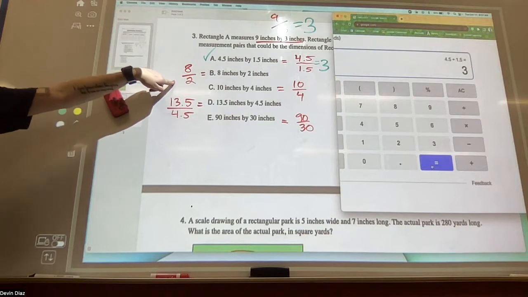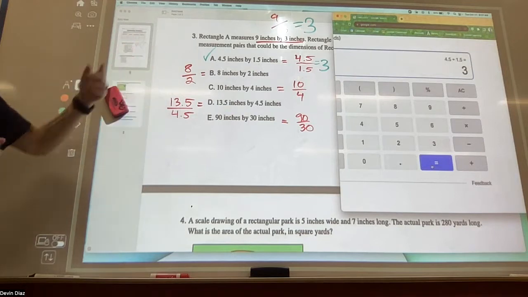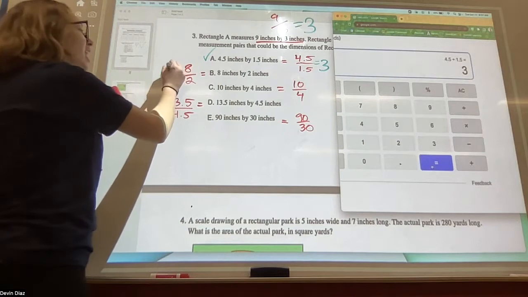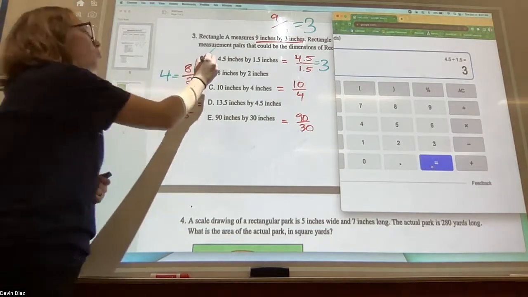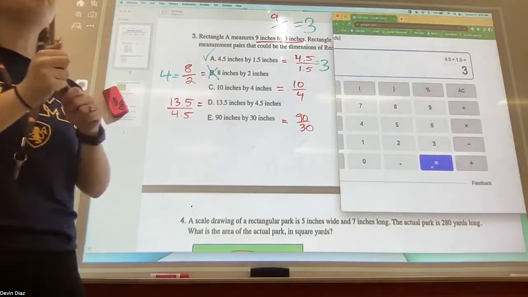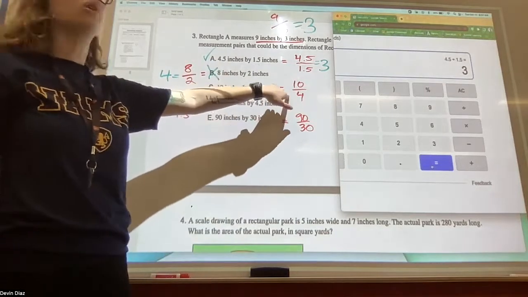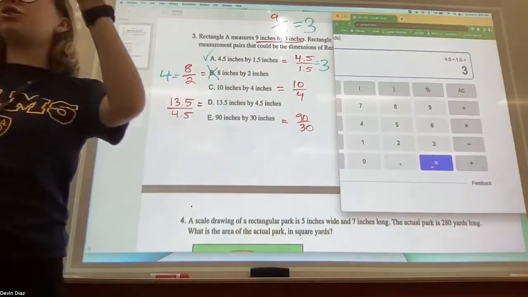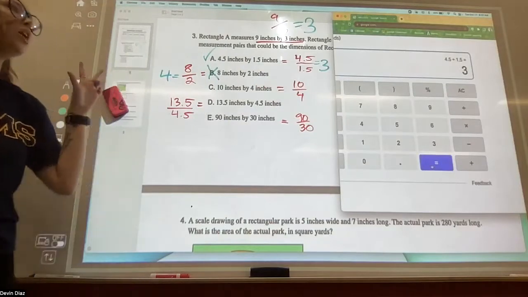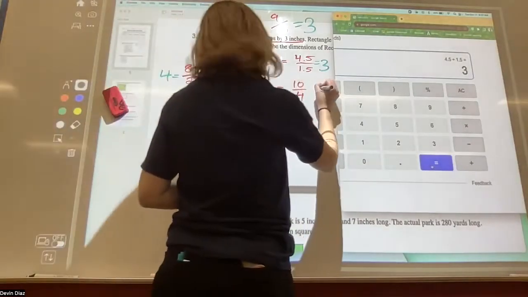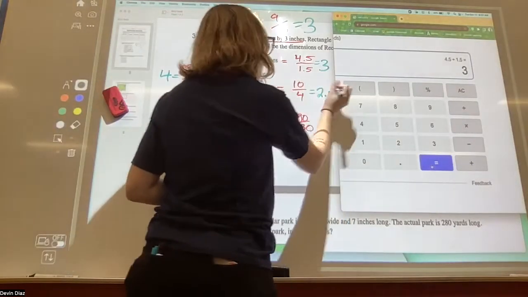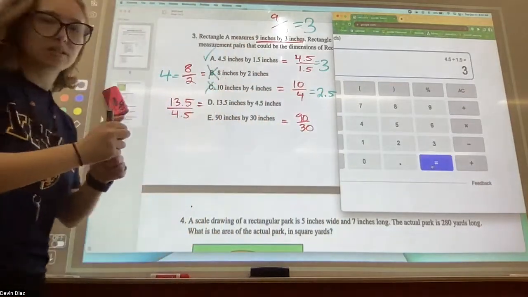Who can tell me what 8 over 2 simplifies to? 4. Does that match? No, we know that one doesn't match. Just being big brain again, by the way, 10 over 4. Do we think that's going to simplify to 3? We know it's not. In fact, it simplifies to 2.5. So this is also not correct.